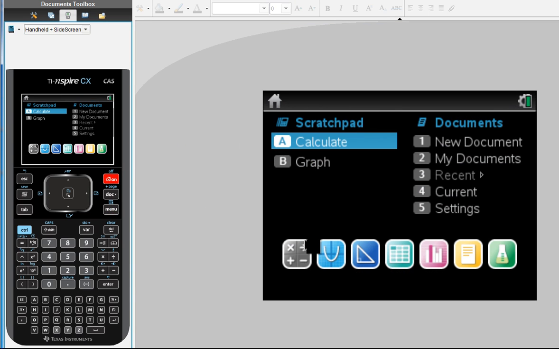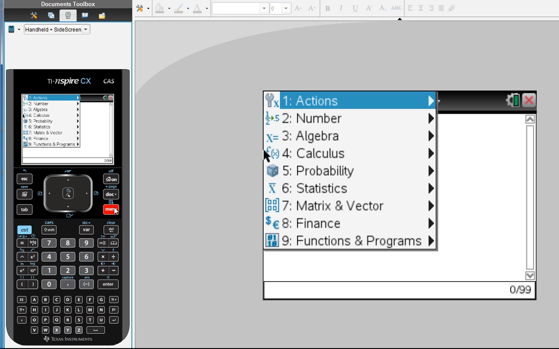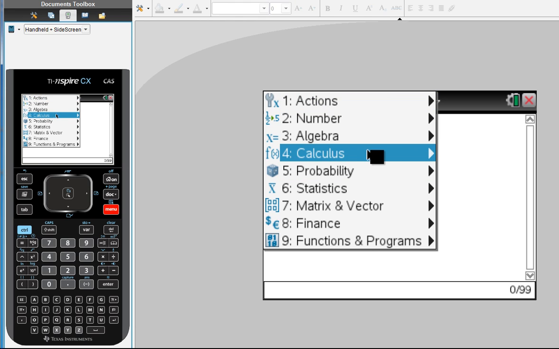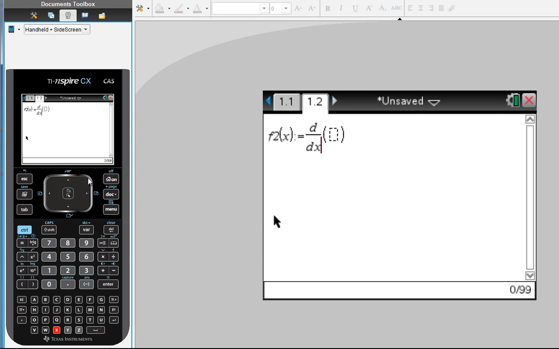Let's go to a calculator page and define f2 of x as the derivative of our function. Derivative dx of the function. Our function is f1 of x. Done.